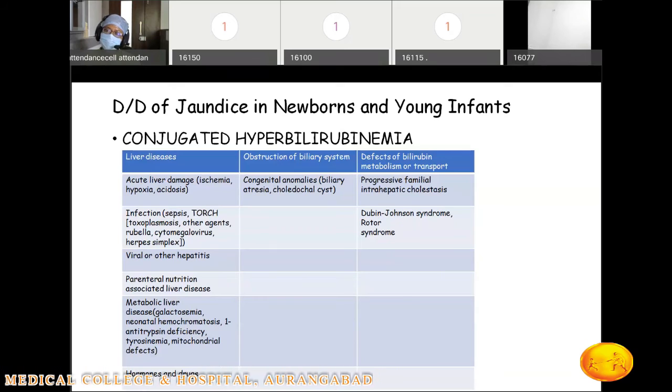This group of conditions, where there's a defect in the bilirubin transport or metabolism, are called progressive familial intrahepatic cholestasis. So PFIC, that's the way we usually say it.